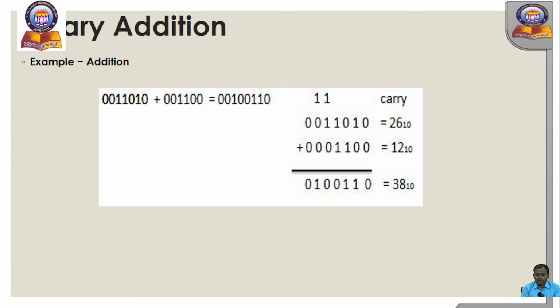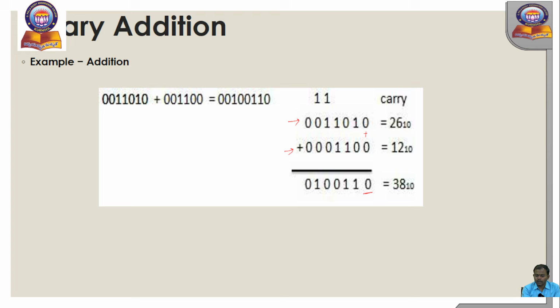Then you can see one example. The two given binary numbers are 0011010 and 0001100. Both are 0 and 0, so the sum is 0.